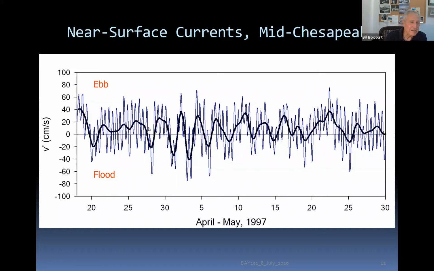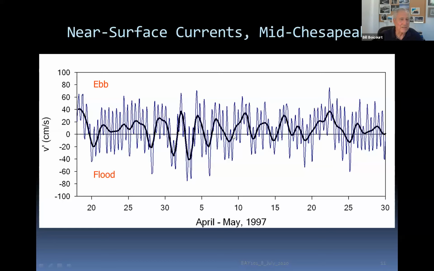The point here is that it's not regular. It varies all over the map. There are some days, like here and here, when there's no ebb tide whatsoever. And there's no flood tide, sorry, and there are other days like here and here and here, where there's no flood tide at all. What's going on there?